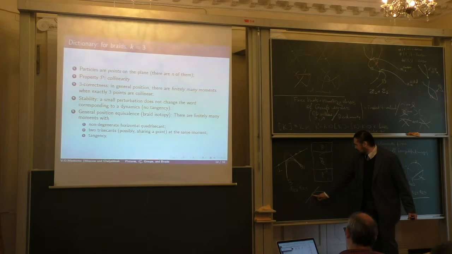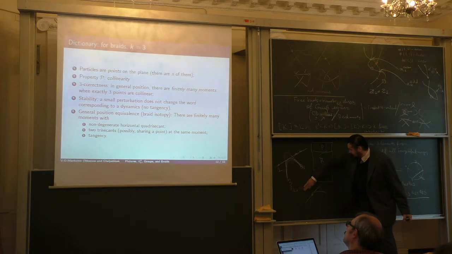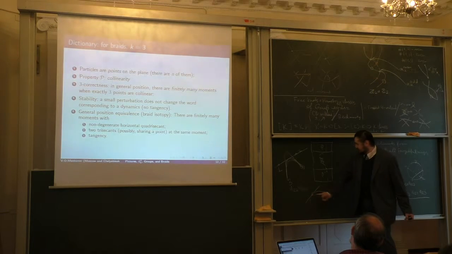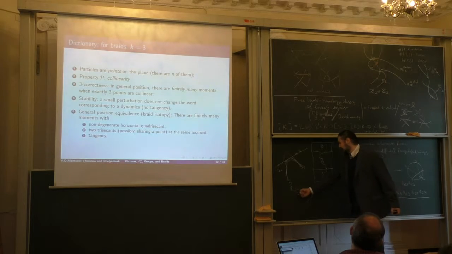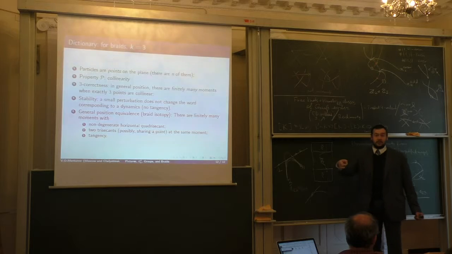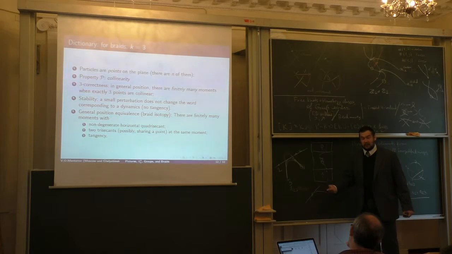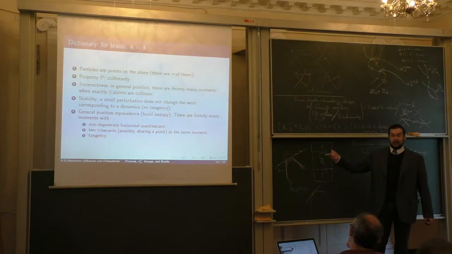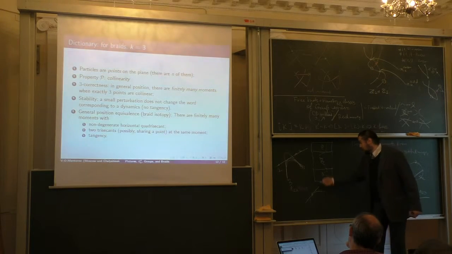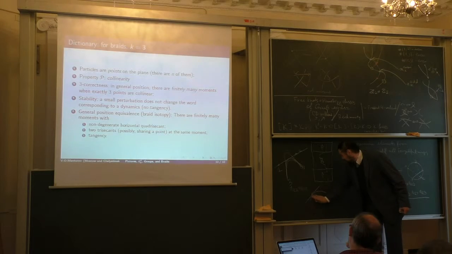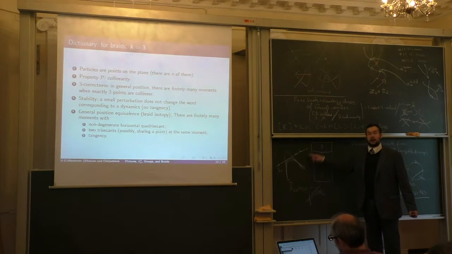For example, here, the braid is not stable because this tangency point can be resolved in either direction, and in one direction it will be just 1, 2, 3 squared, and in the other direction it will be nothing. So this is not a stable braid, and I don't want to write down a word from a non-stable dynamics. So for this it will be nothing. For this it will be 1, 2, 3 squared.